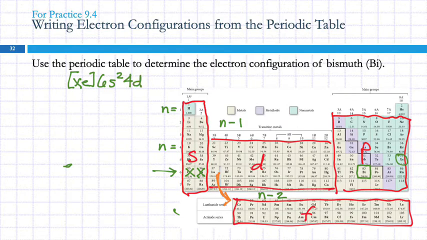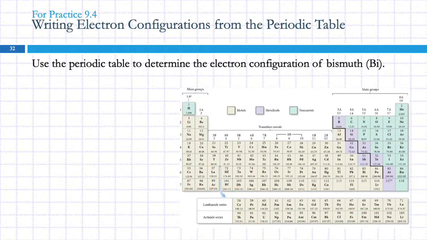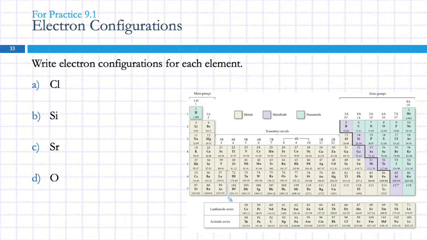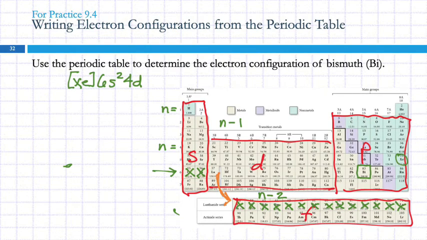How many electrons? 1, 2, 3, 4, 5, 6, 7, 8, 9, 10, 11, 12, 13, 14. You don't actually have to count them if you remember it's 14, but if you don't remember it's 14, you can count them, right? Okay, I wrote D. I didn't mean to do that. That's F. So this is the 4f, and there's 14 electrons in there.